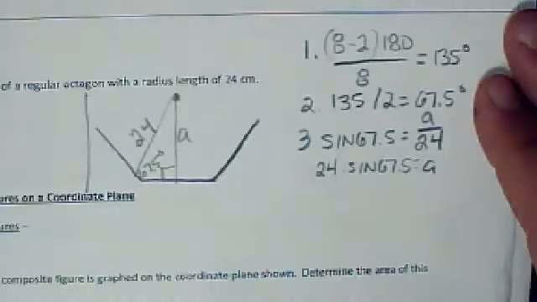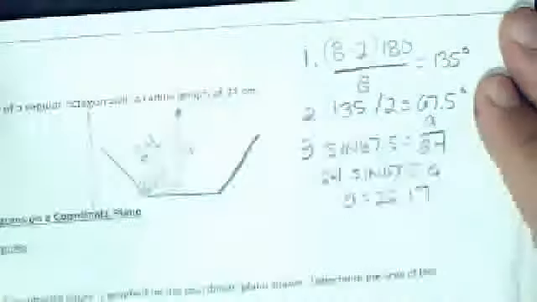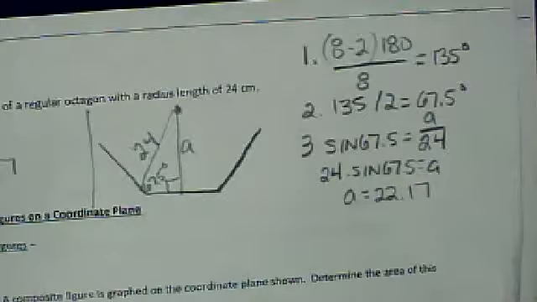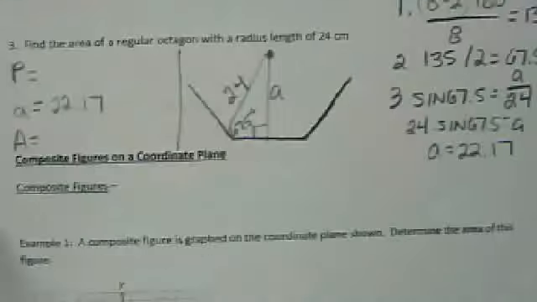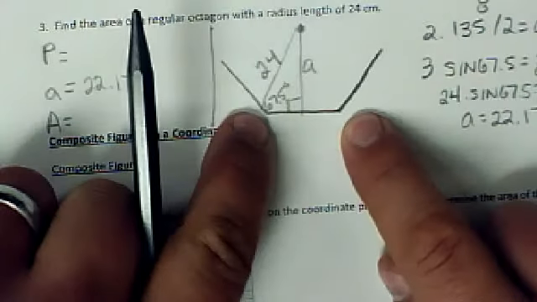So this is now a multiplication problem. 24 times sine of 67.5 is equal to A. So 24 times sine of 67.5 would give me 22.17 as my apothem.